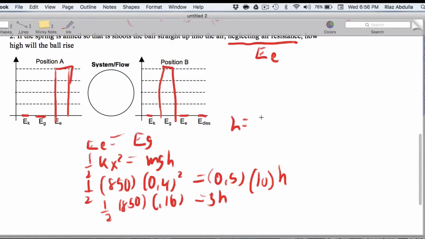H is going to end up being 425 over 5 times 0.16. And when we simplify this out, H ends up being 13.6 meters.